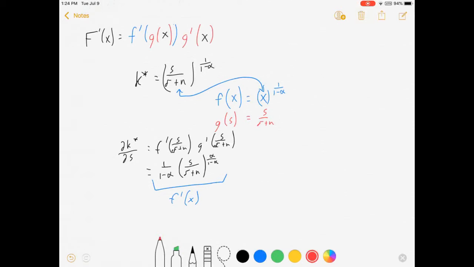And then the next piece we're going to do is take the derivative of the g of x on the inside. Okay, so let's multiply, g prime of s, well that's just going to be 1 over delta plus n multiplied by everything else. And that bit is your g prime of x.